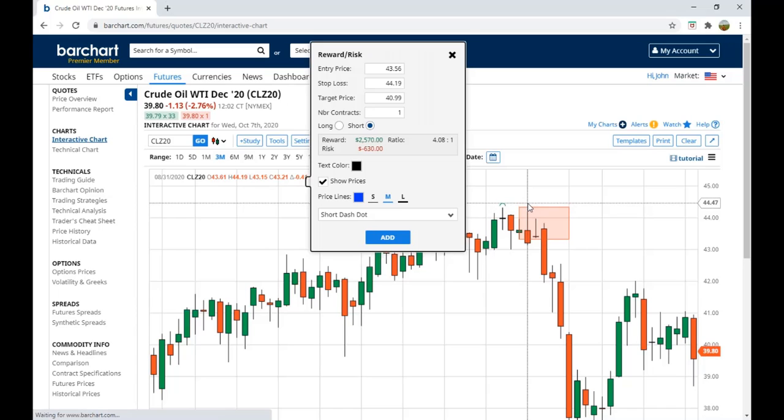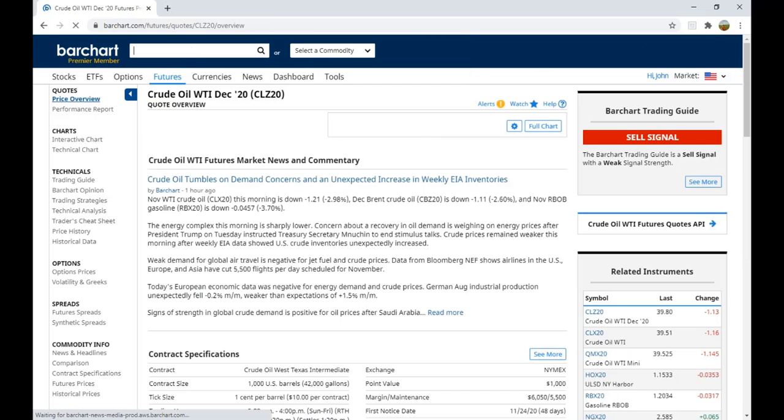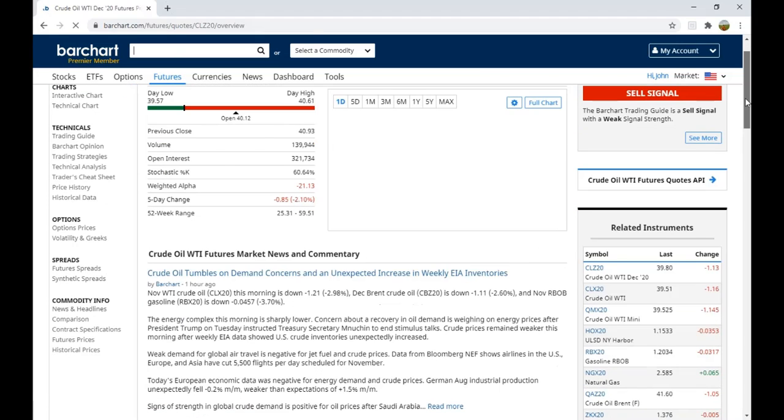Now, here is crude oil, and how much do I need to eliminate off of this risk? Let's say I wanted to risk only $500. Well, I need to eliminate $130 worth of risk based on my entry. So how could I figure that out? Well, I could do it mechanically or by going to our price overview page.